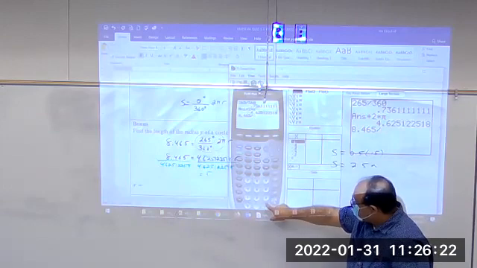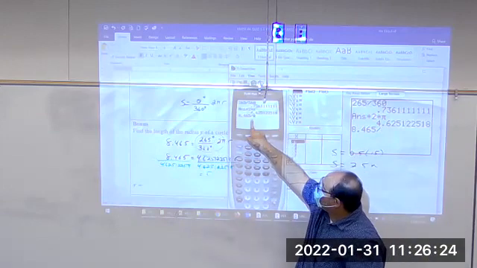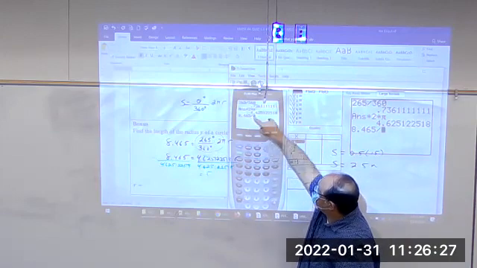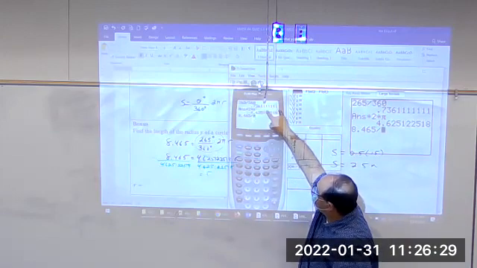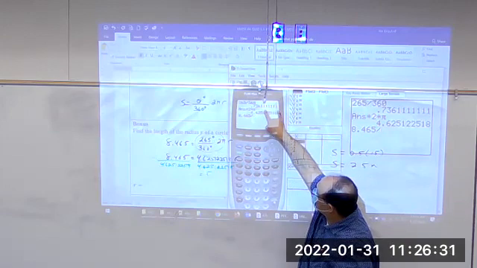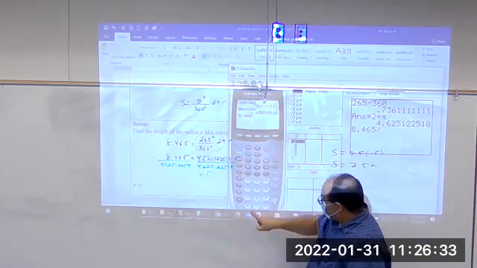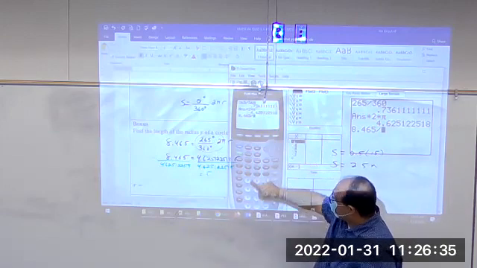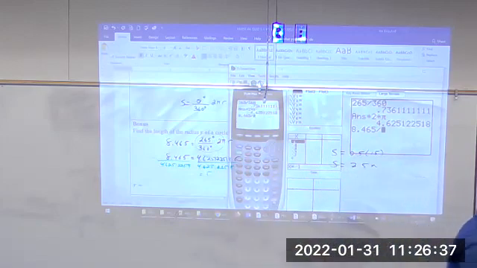It punches in the last answer that came out of my calculations. To activate the ANS, which is in blue, you hit the second button, and then that negative symbol. It's going to take the 8.465 and divide by the last answer in the calculator.